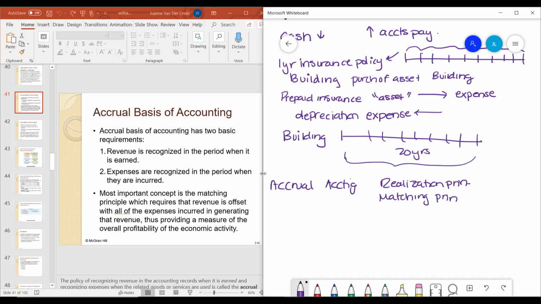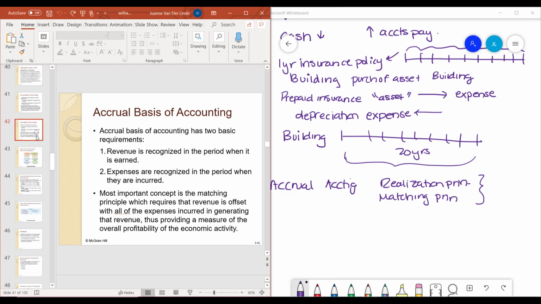So that means revenue is recognized in the period that it is earned, whether or not I receive that cash right away, and expenses are recognized in the period in which they are incurred, whether or not I pay for that expense now or later. So that's accrual accounting. We're using these two methods to dictate when we journalize and how we journalize certain things.